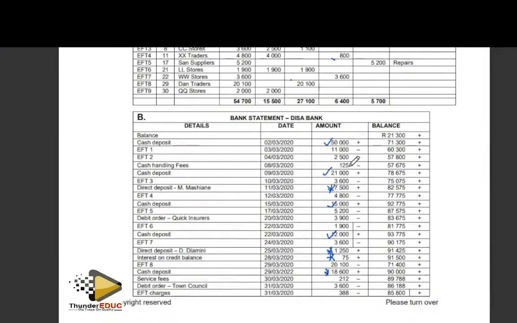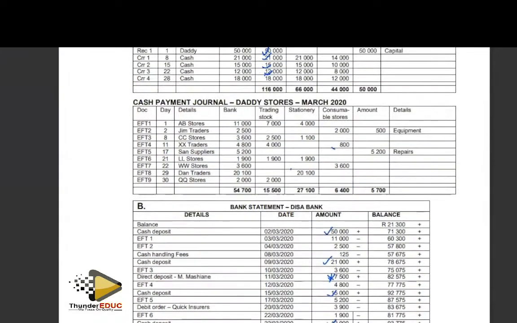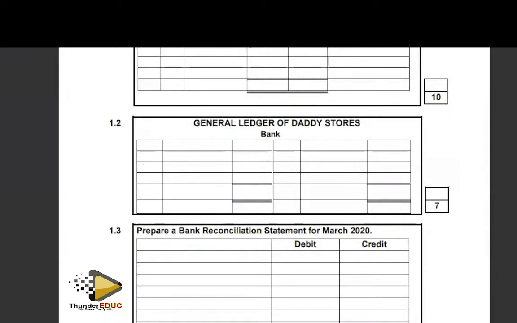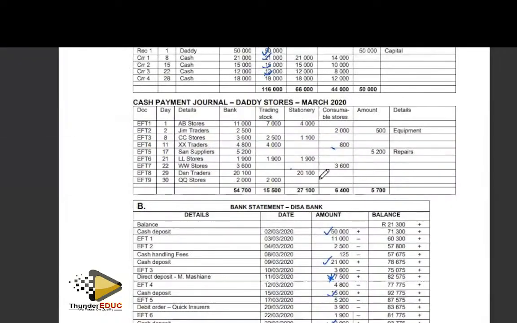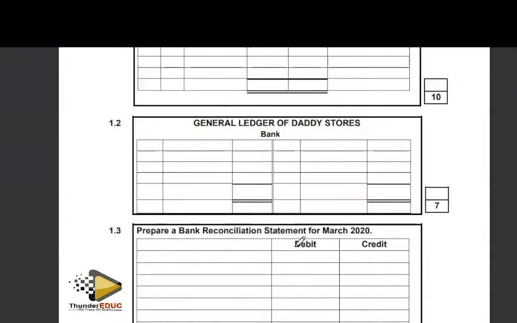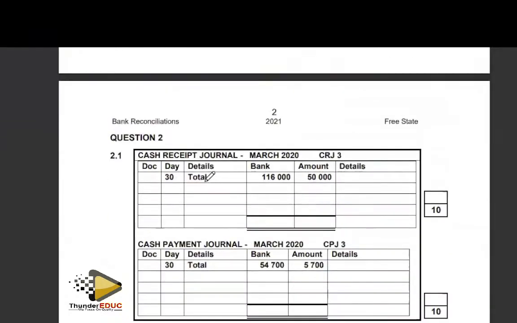Now, everything that we have seen here, we have not ticked off. It has to be dealt with in the cash receipts journal here. We have to record it here, okay? Then anything which we have on our cash receipts journal but is not on the statement, we have to enter it in the bank reconciliation statement here.